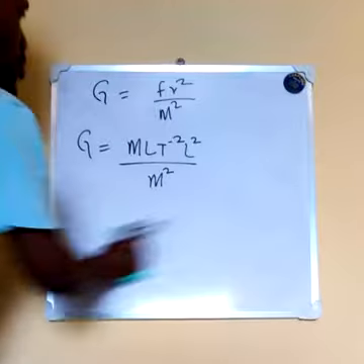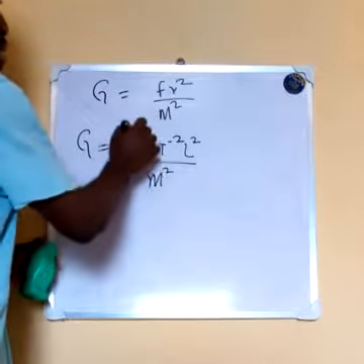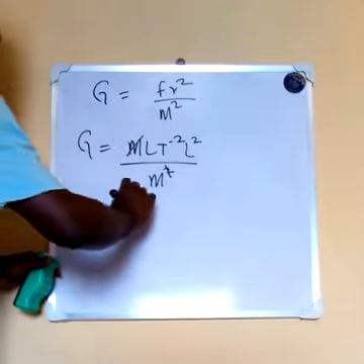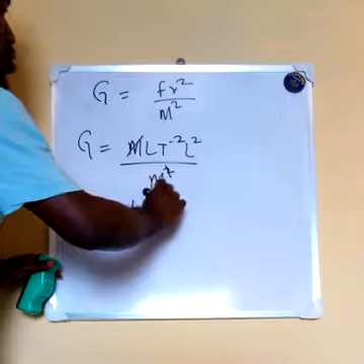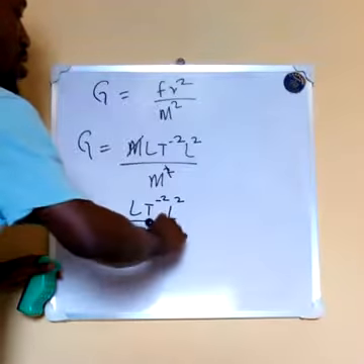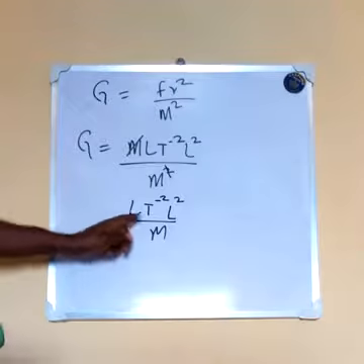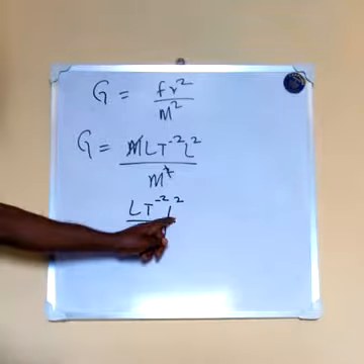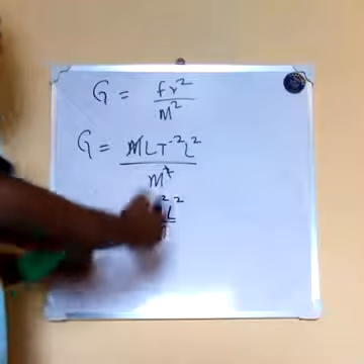So let's solve the problem now. So mass squared, one mass will cancel. There are two masses here. So you have left LT⁻², then L² over one of the mass there. So you can see L and L. We work on L and L. L raised to the power 1 times L raised to the power 2 will give us L raised to the power 3.